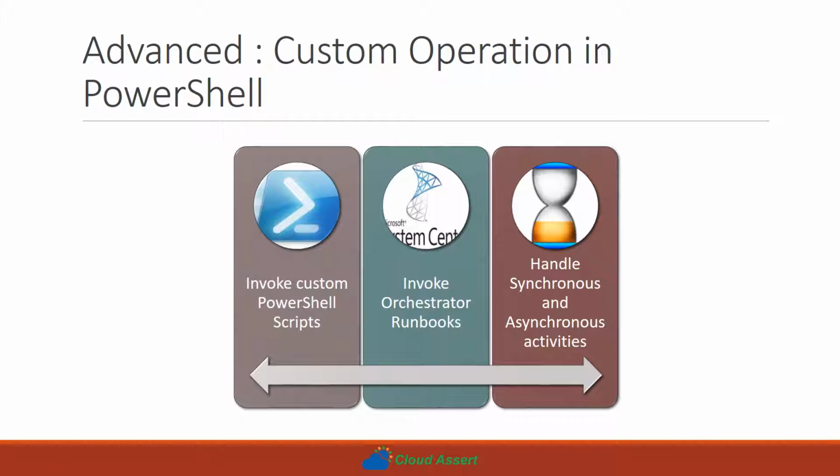Let us now take a look at how to add an invocation step using the custom operation as part of the operations template that will invoke a runbook in System Center, and it will also do that asynchronously.